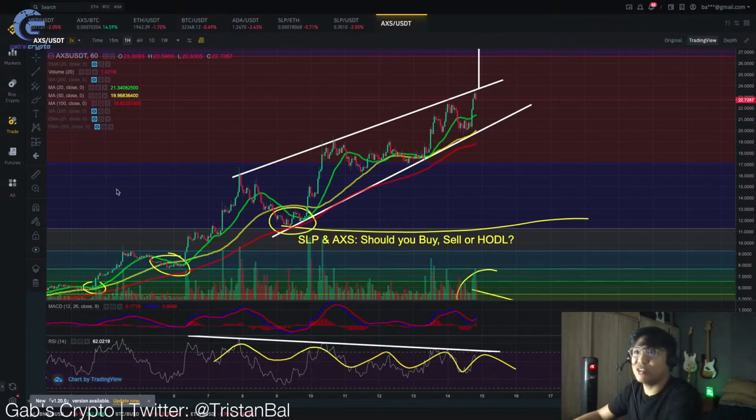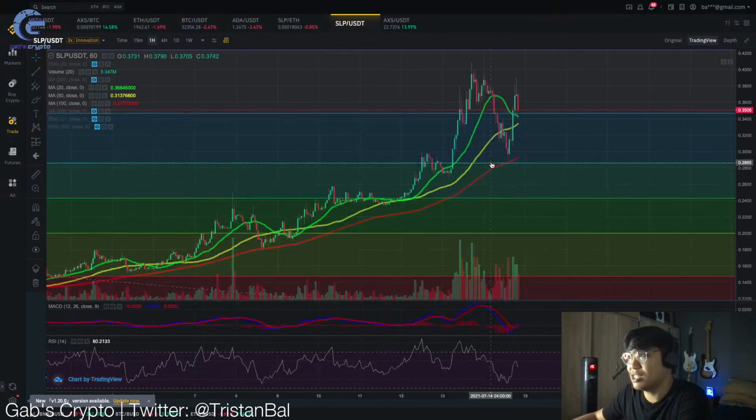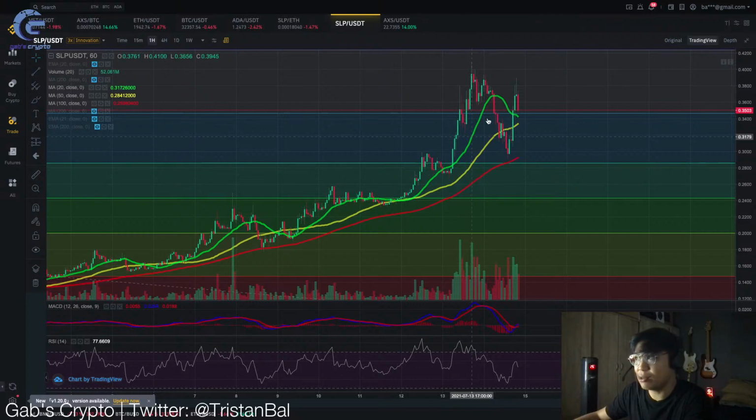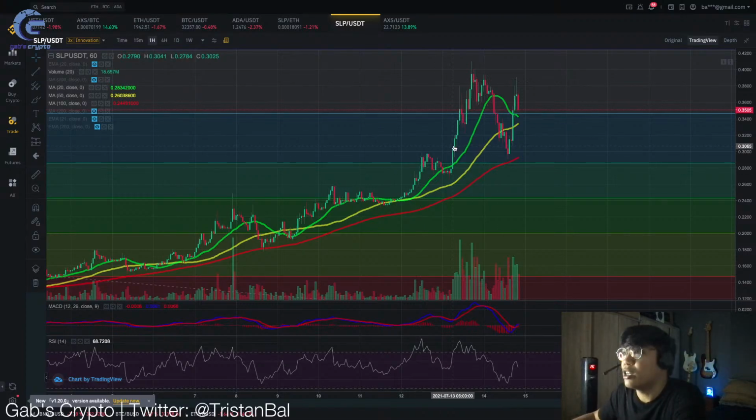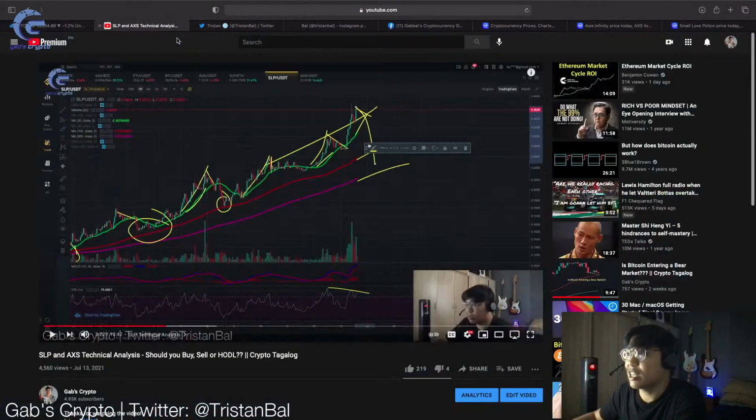So, now let's move on to the next coin na ating pinag-uusapan, which is, other than Axie Infinity token, meron din tayong SLP, or Smooth Love Potion token. So, as you all know guys, nagbigay ako actually ng technical analysis yesterday regarding this SLP movement.